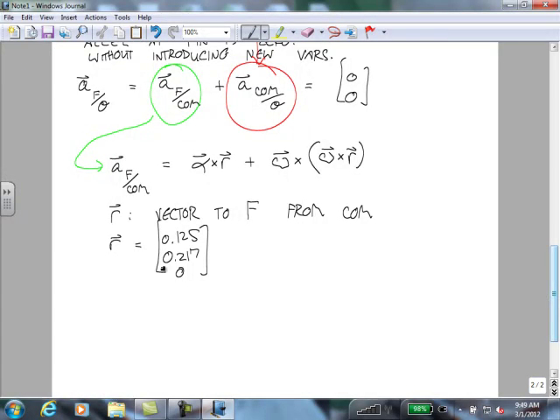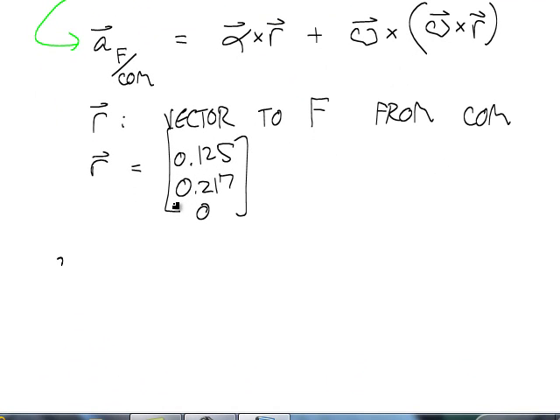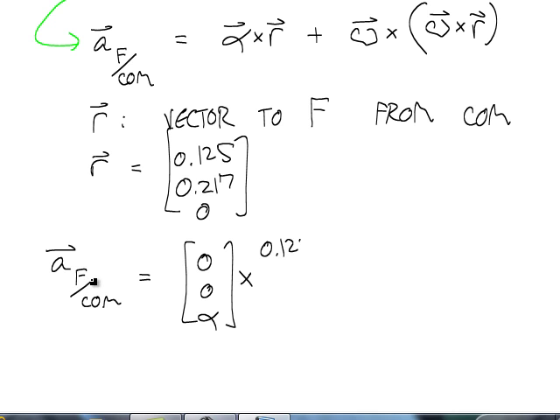So the acceleration of F relative to the center of mass is equal to 0, 0, alpha crossed with 0.125, 0.217, 0, plus, did we give this thing an angular velocity at the start? I can't remember.